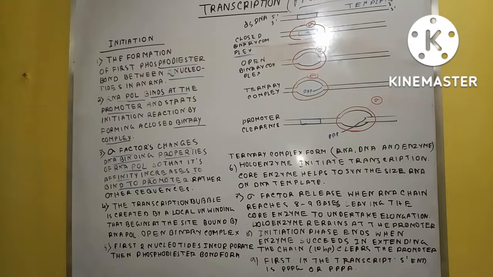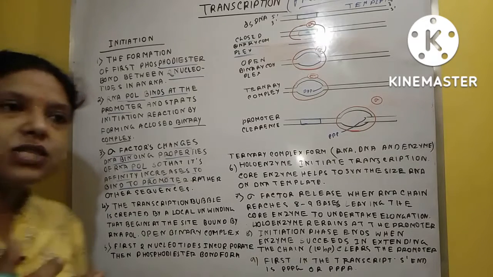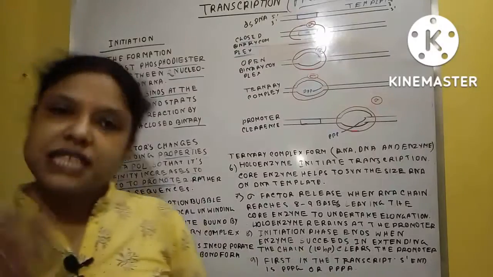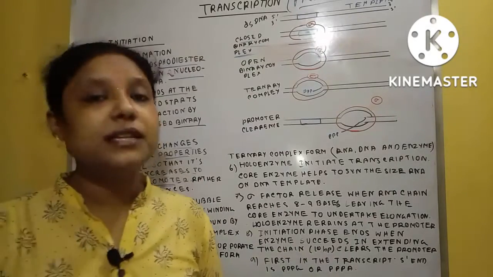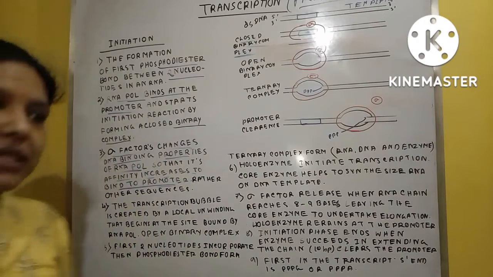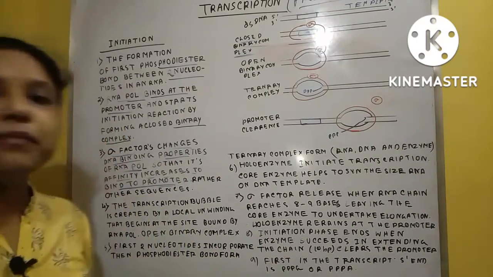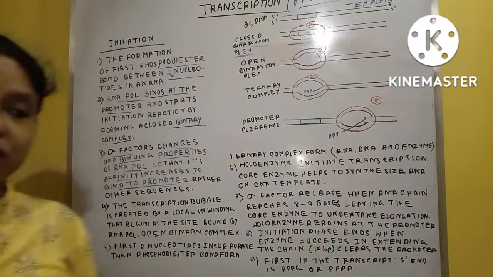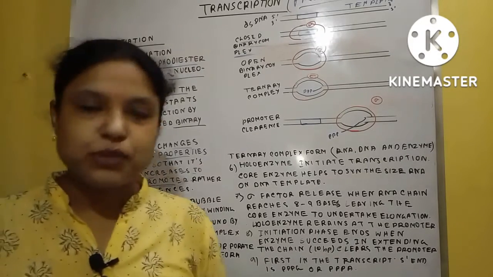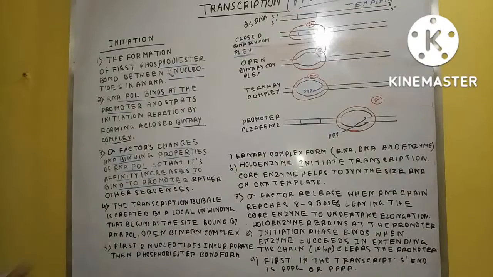That means its configuration is totally changed by the sigma factor to recognize the promoter region of the DNA. That means it helps the RNA polymerase to bind the promoter region of the DNA strand to continue the transcription process.